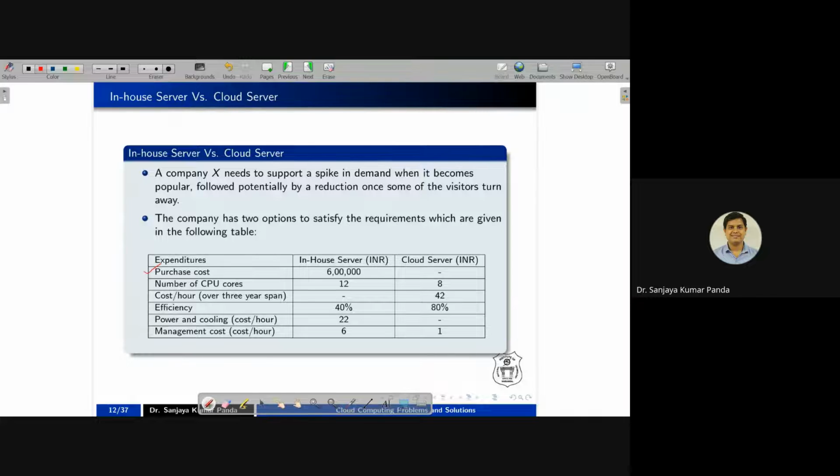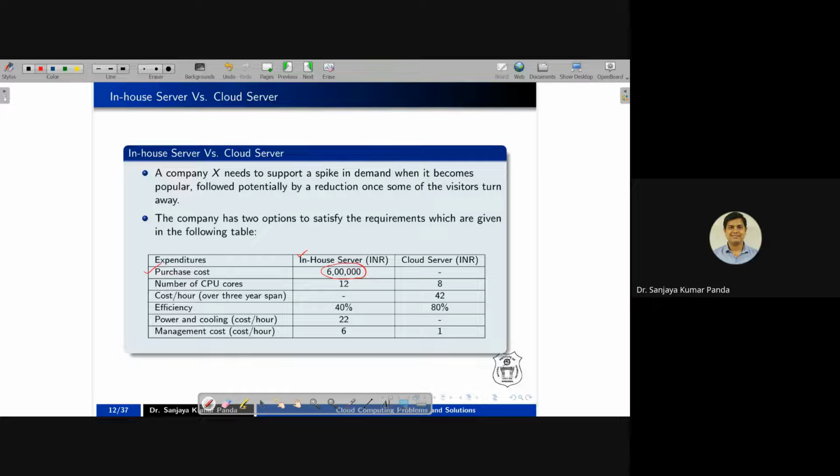In this case, we just assume that only one server is required, because you know server cost is around 6 lakh or 5 lakhs or 10 lakhs based on the size and properties of a server. So if you maintain your in-house server, you have to purchase a particular server. Let's say the cost is 6 lakh.